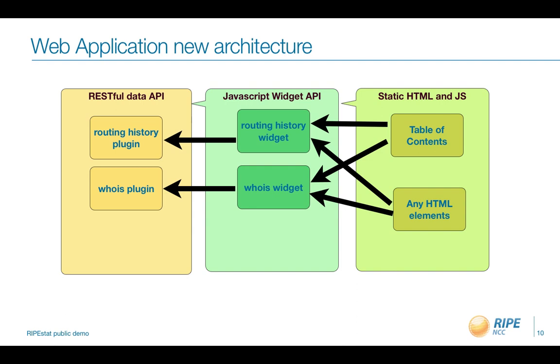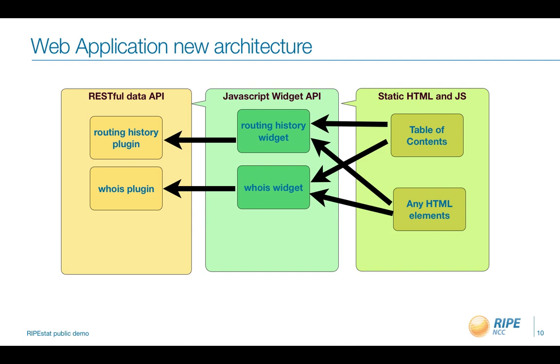Now, having those two new APIs available caused us to rethink the architecture of our current web application. We thought, since we have these tools at our disposal, why not make ourselves consumers of our own services? And that's what we actually began doing. As shown here, going from the right side to the left side, we aim to simplify and transform our web page into purely static, which merely includes the widgets via our new API, and then these widgets further connect to the Data API for fetching the required data.